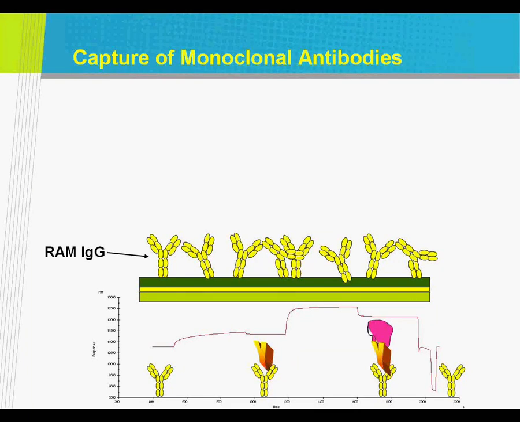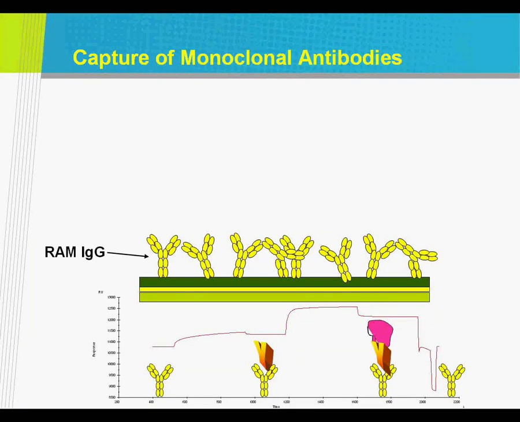The next thing, in the instrument, we flow over the monoclonal antibody of interest, generated by hybridoma or any other technology that's around. Most of the time it will be captured by the Fc region of the antibody, a region that's away from the binding side of the antibody.